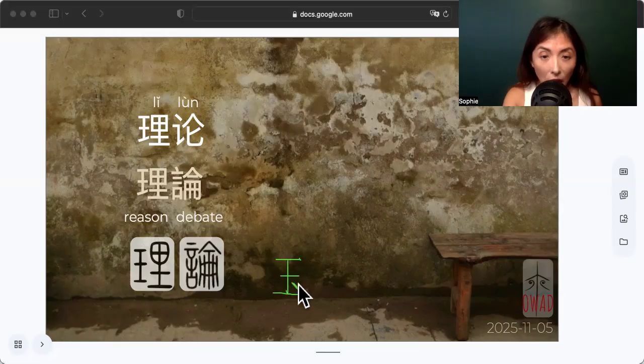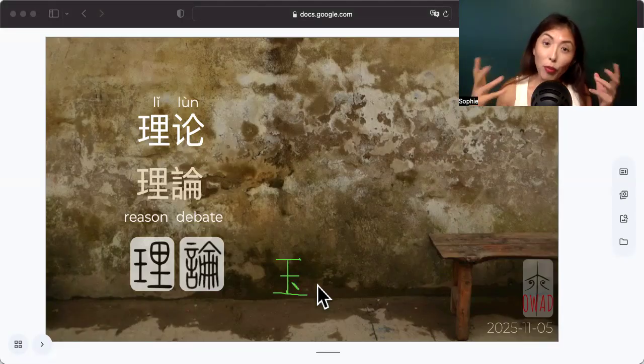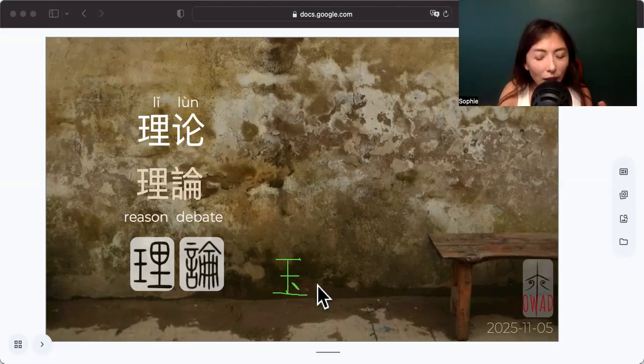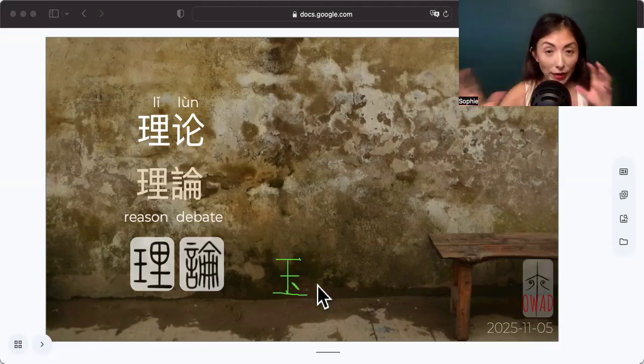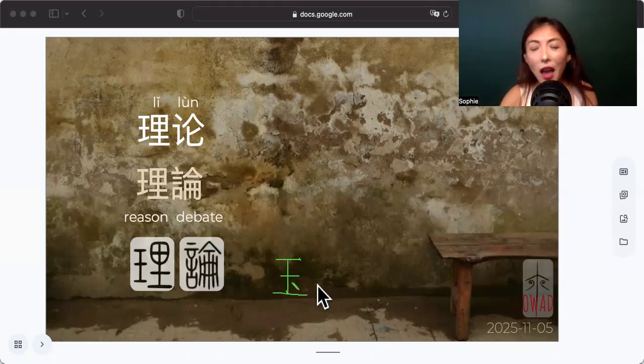Without a dot, it can mean the king. And of course, the king, whoever is in power, versus the jade. It's a precious stone that's cherished by ancient Chinese, and even in today's Chinese culture a lot. When the two compete, one is power, one is aesthetics, then of course power wins out.